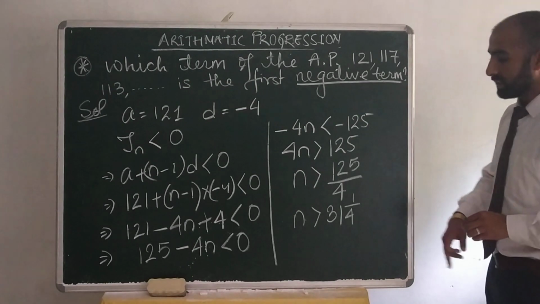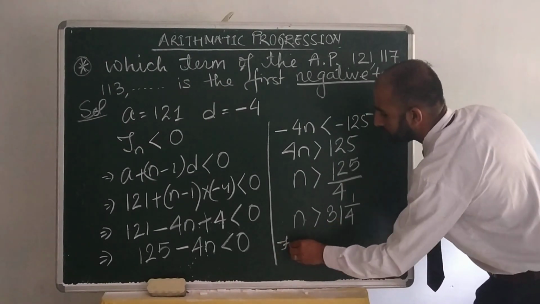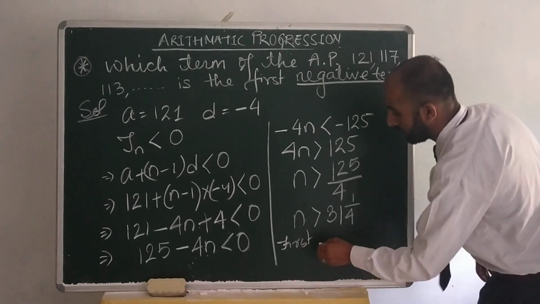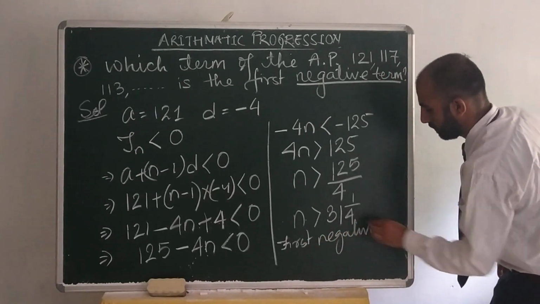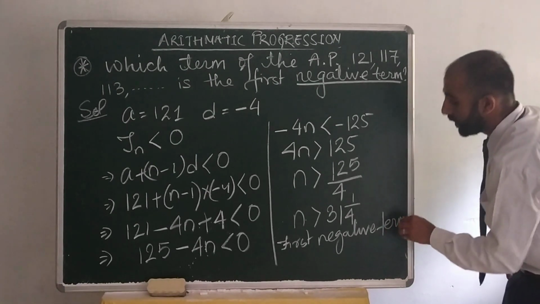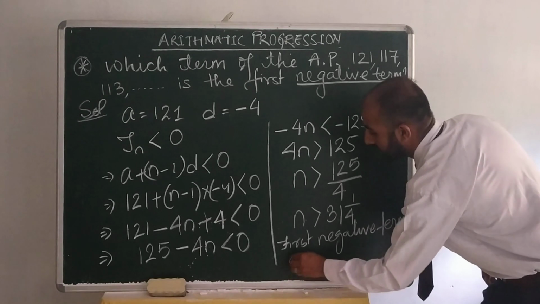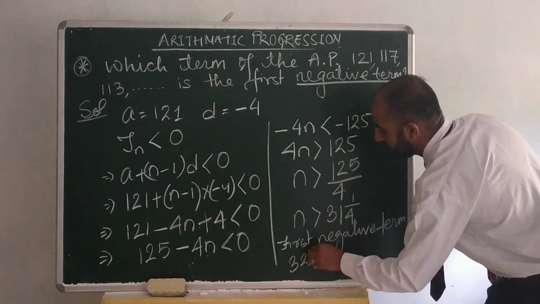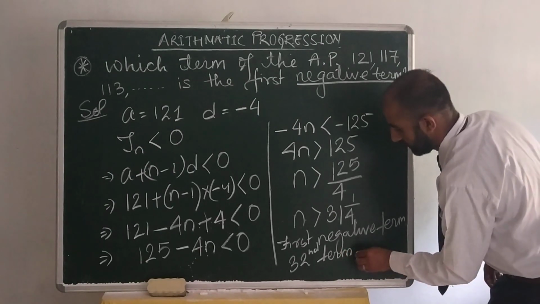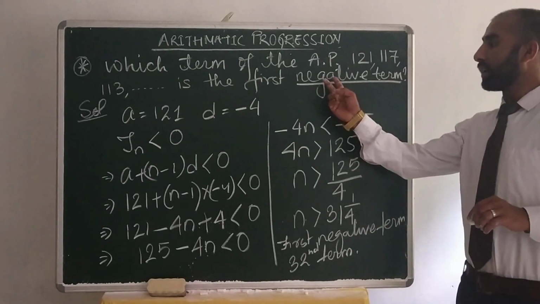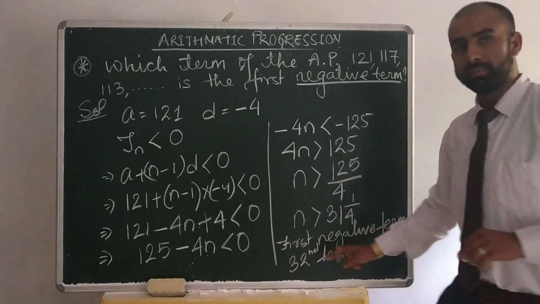That suggests that the first negative term should be more than the 31st term. That means the 32nd term. So we got the first negative term as the 32nd term.